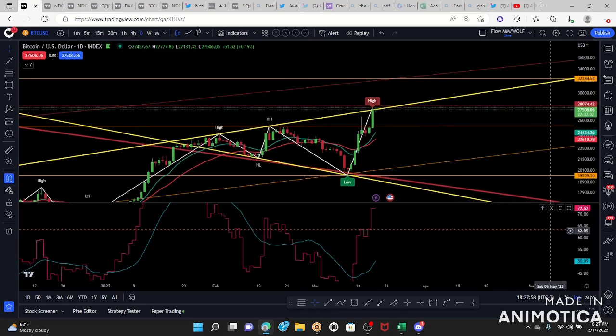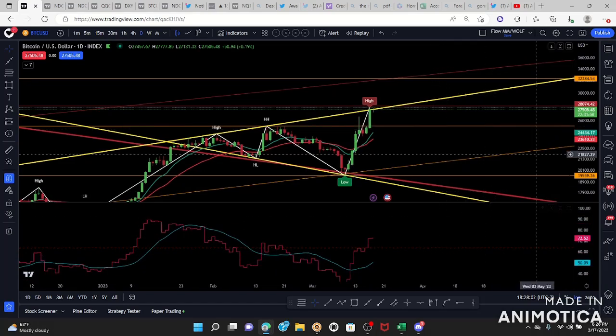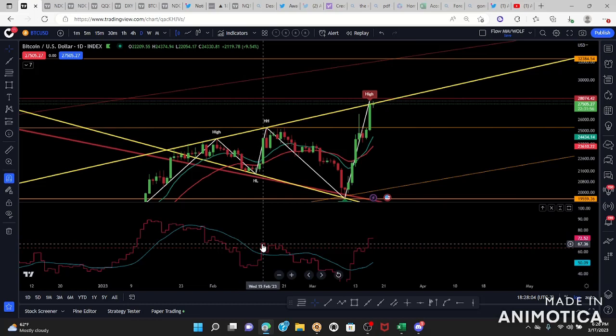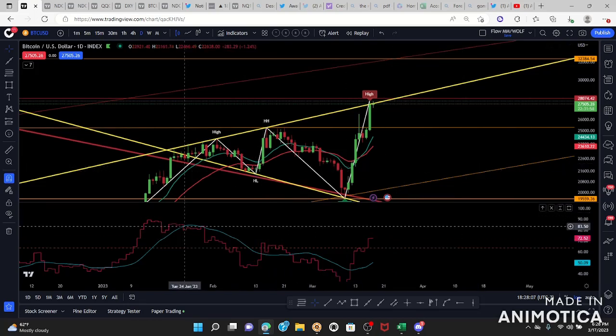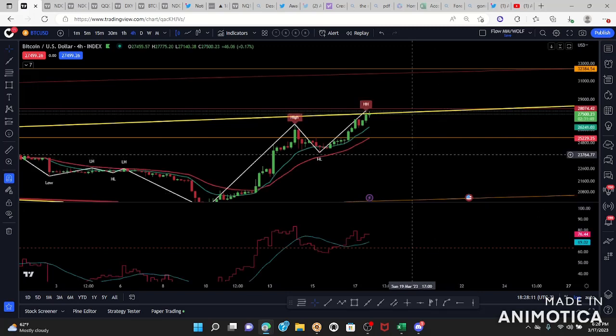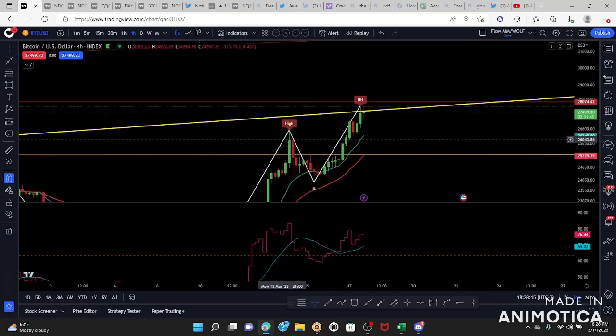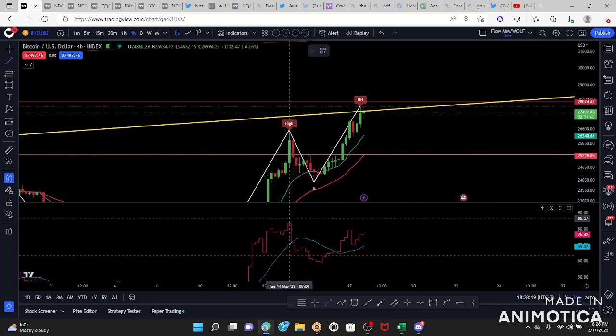We are having some divergences on the daily. Is it daily? RSI, no, there are no divergences. It's the 4 hours. Right, the 4 hours here. Oh boy. It's in a critical state here.